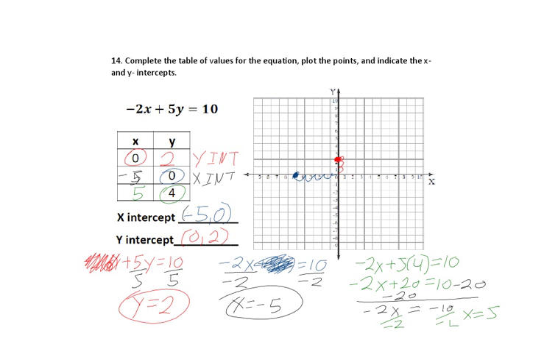And 5, 4 means 5 to the right, 4 up. 1, 2, 3, 4, 5. 1, 2, 3, 4. And there's our points. And I think we're right, and you know why? Because all 3 points are lined up. What that means is, if you wanted to connect the dots, you can.